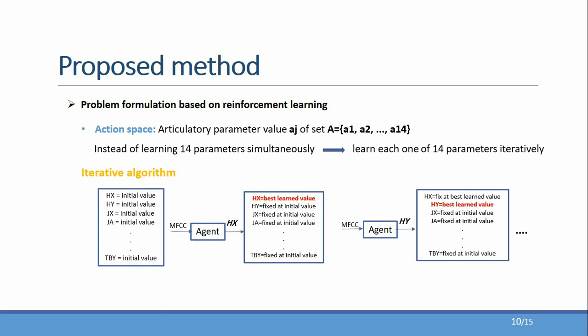This process will be repeated for all 14 parameters. And again it will start from the beginning, and again it will learn all the parameter values until a good convergence in the reward function is observed. For the initial value, we can use random values or another speaker's parameters.